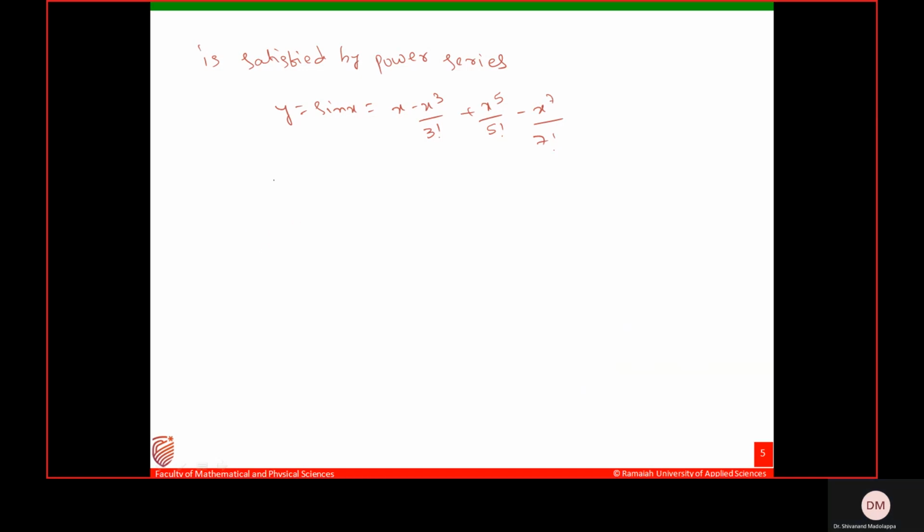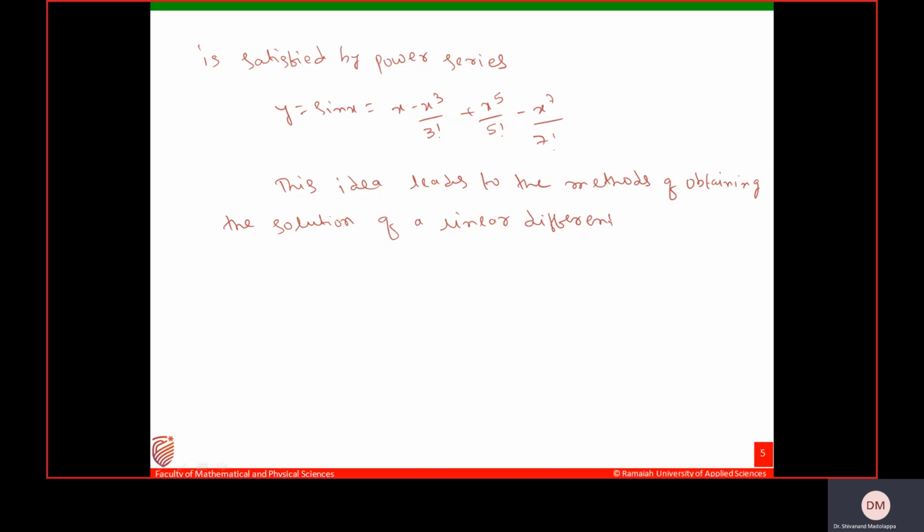This idea leads to the methods of obtaining the solution of the linear differential equation of second order in series form.